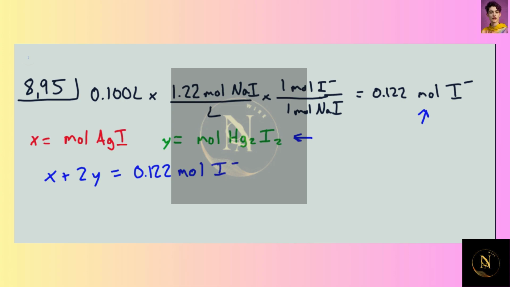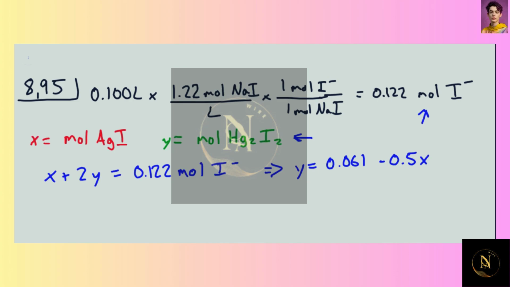So we can rearrange this equation to get Y is equal to 0.061 minus 0.5X. So this is just doing some rearrangement here.